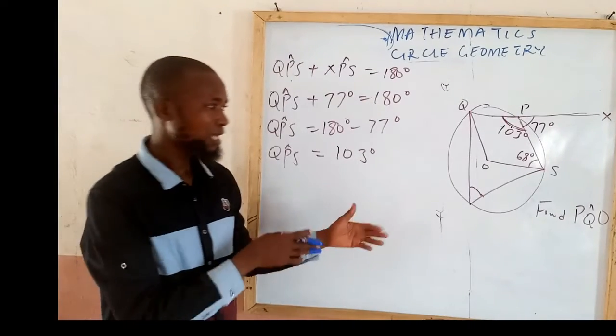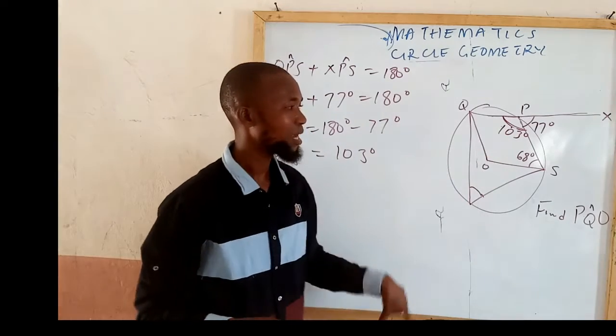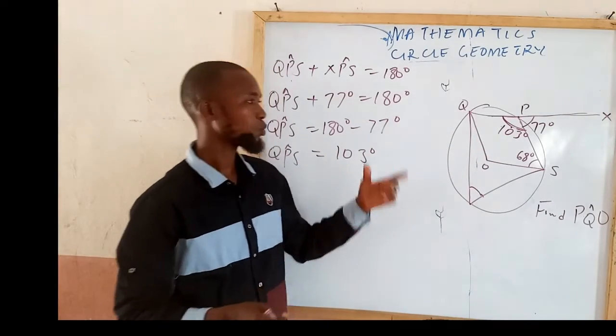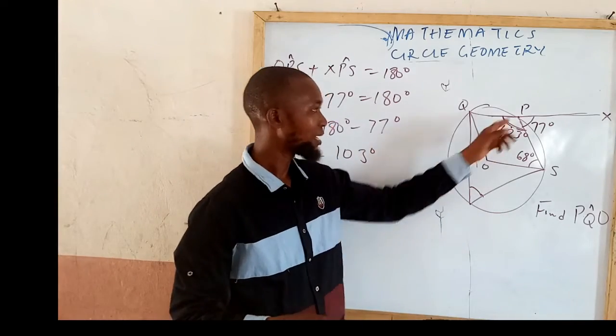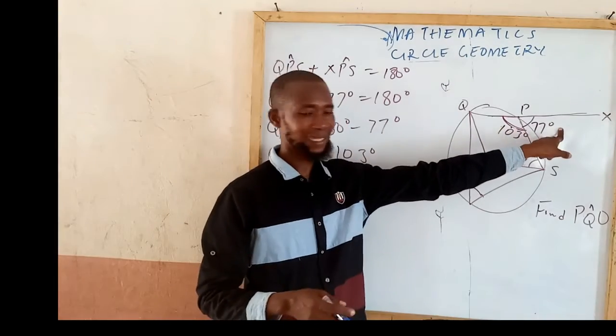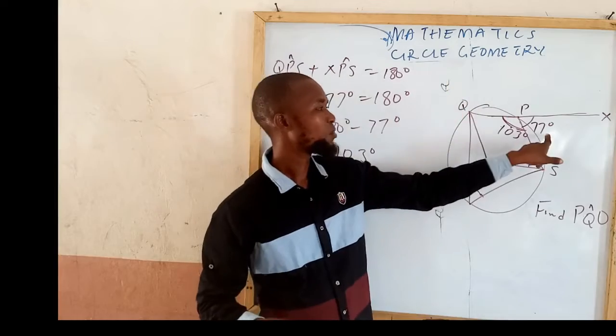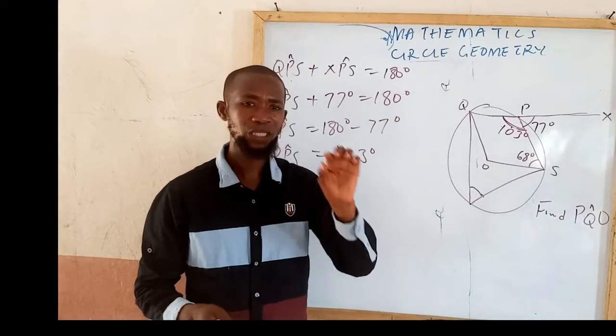If I'm going by that theorem, there's another theorem I can use in case I don't want to use the opposite angles of a cyclic quadrilateral. This is a cyclic quadrilateral that is extended, so it has an exterior angle. Another theorem shows that the exterior angle of a cyclic quadrilateral is equal to the opposite interior angle.